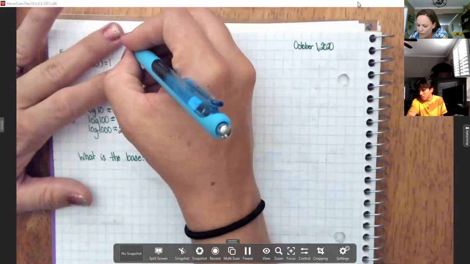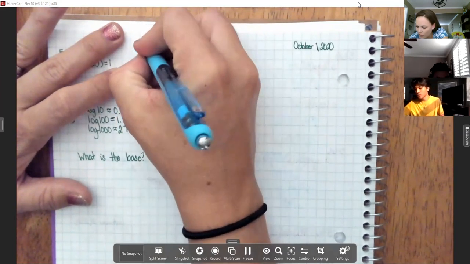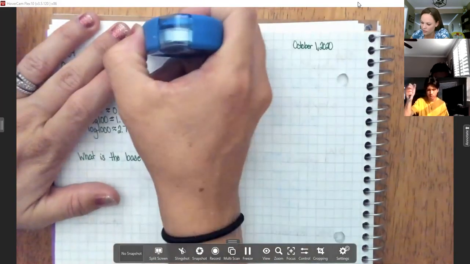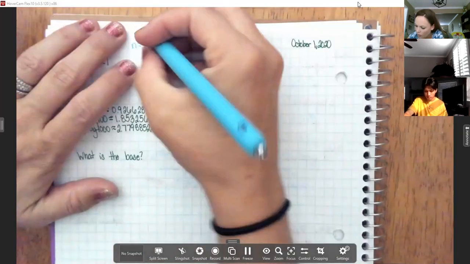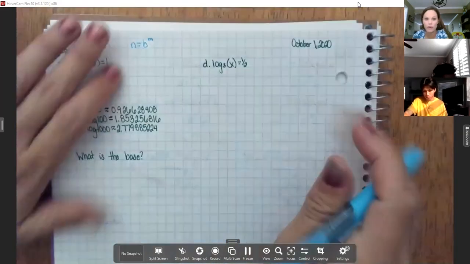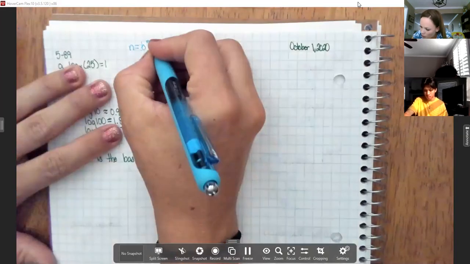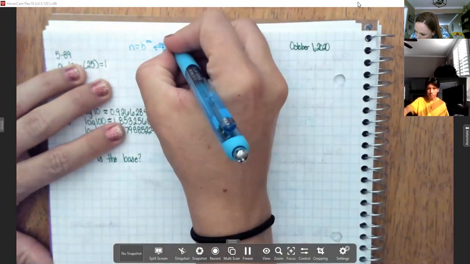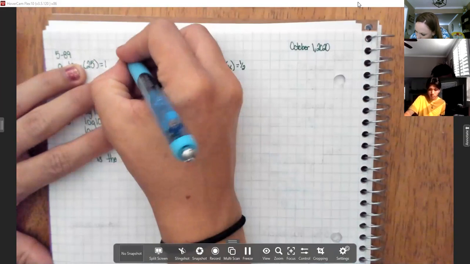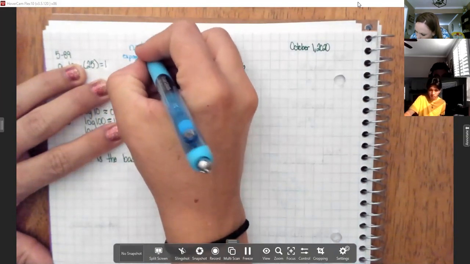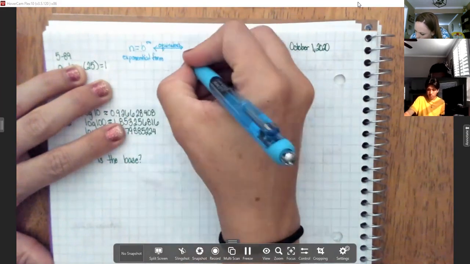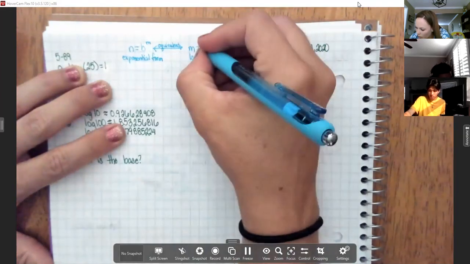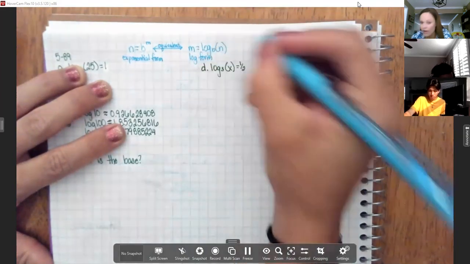So if we have n equals b to the m, these are going to be equivalent. This is exponential form. The equivalent log form would be m equals log base b of n.